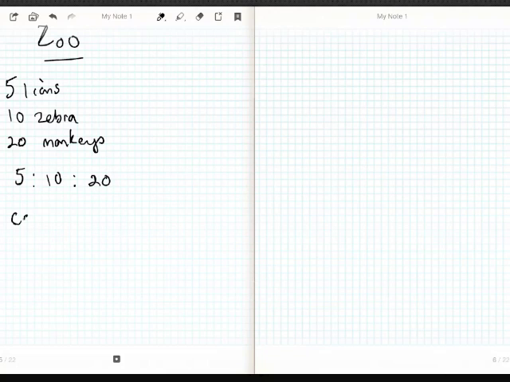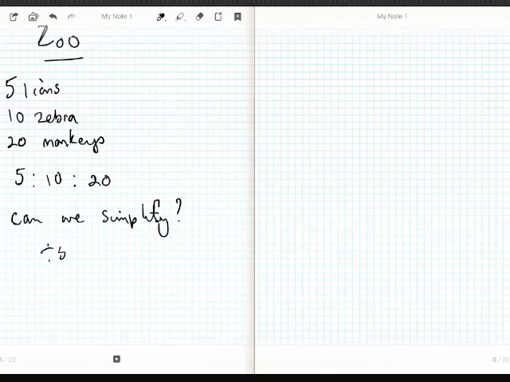Now, can we simplify this? Well, you've probably noticed that 5, 10, and 20 can all be divisible by 5.